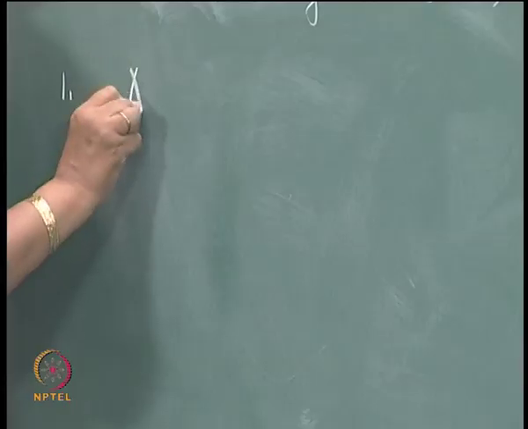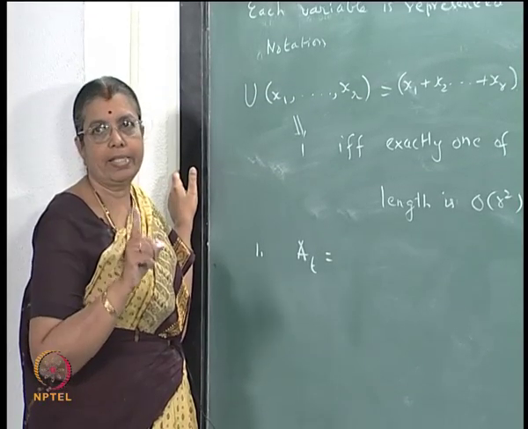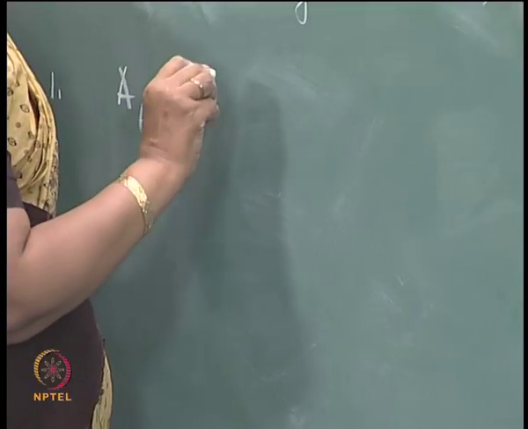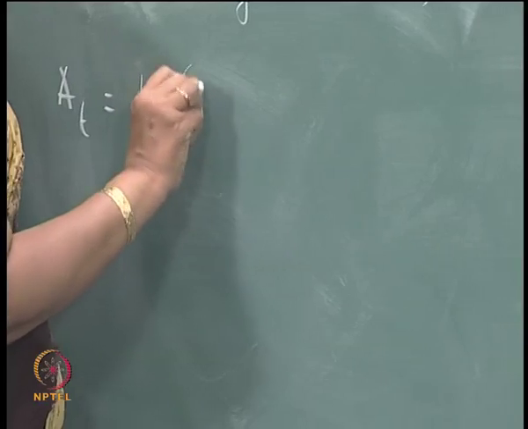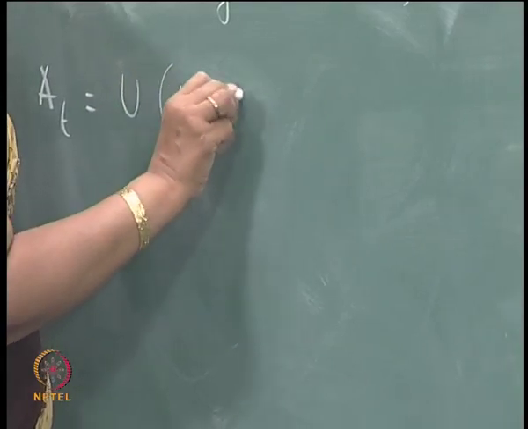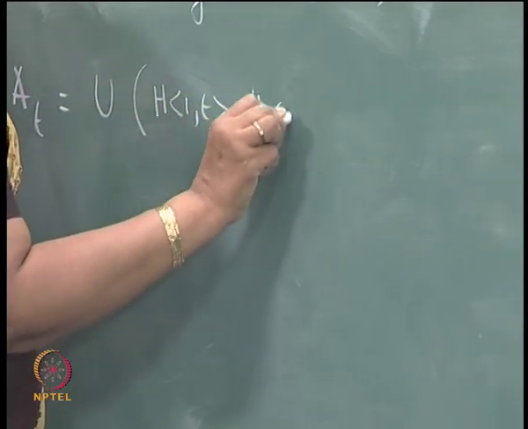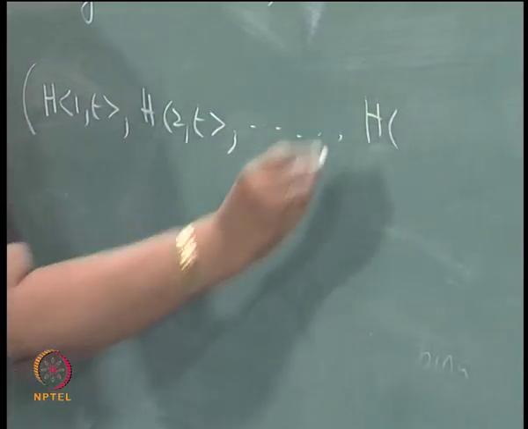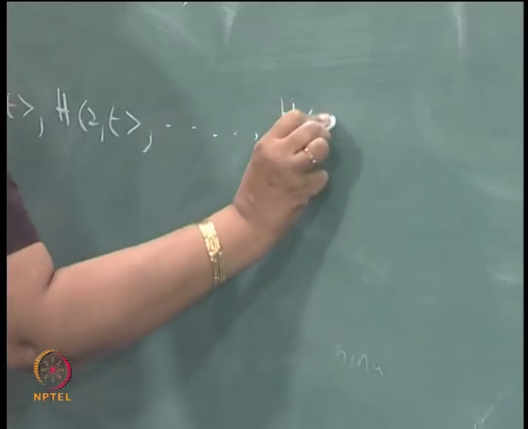So, A_t is this expression: at time t the head is scanning only one cell. You can write it like this: U of h1t, h2t, ..., hpn,t.